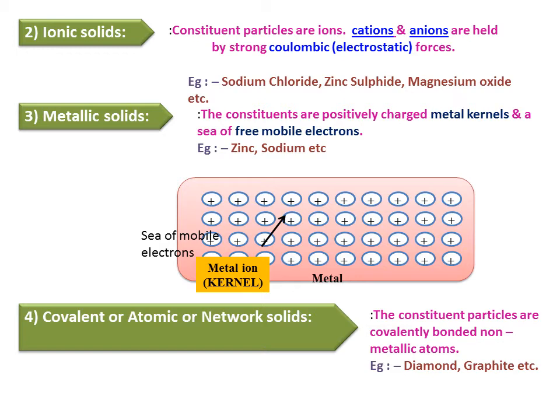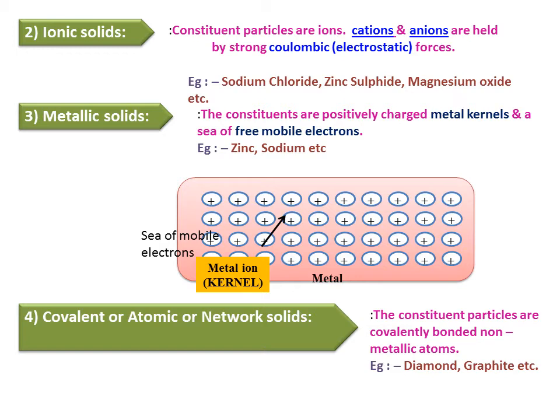Fourth one, covalent or atomic or network solids. You have come across substances like diamond, graphite and fullerene. These are examples of covalent solids. Let us understand what they are made up of.